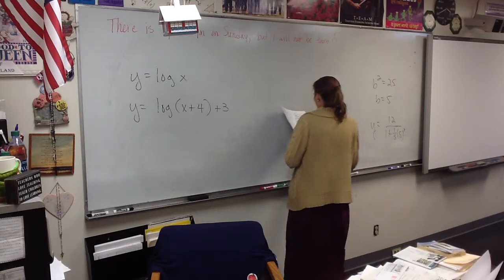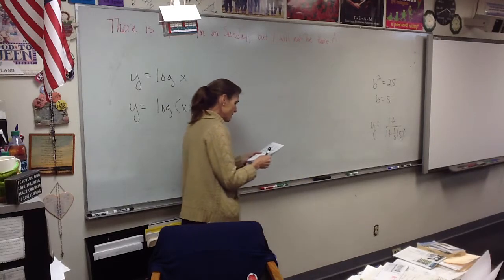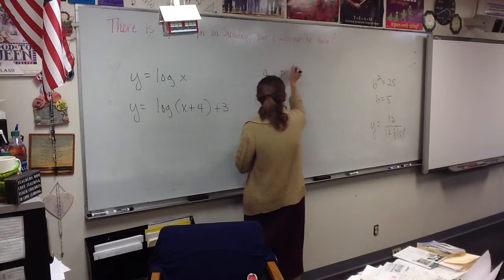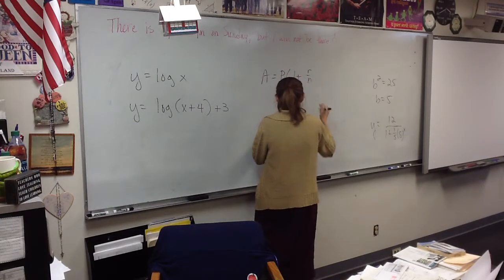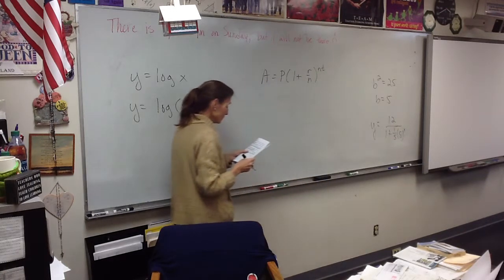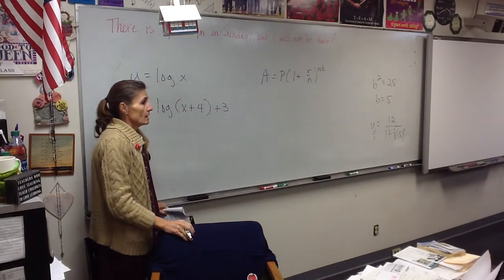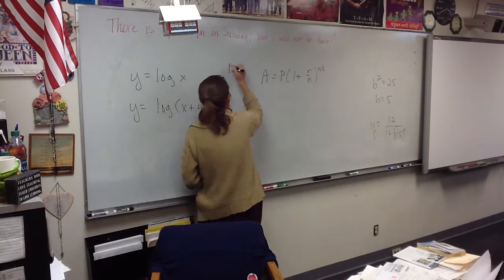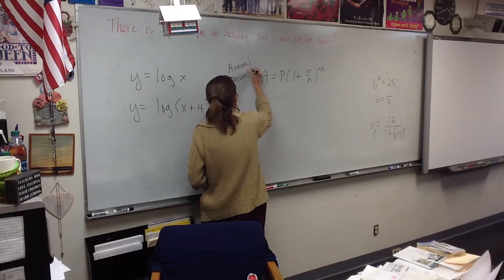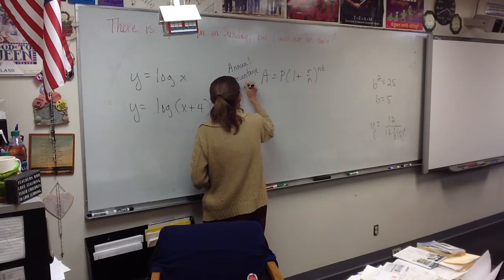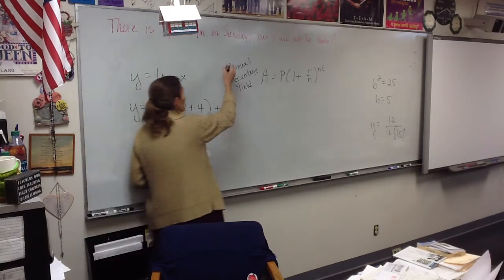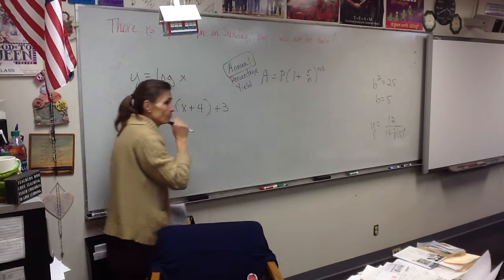We have an investment with an interest rate of 4.25% compounded monthly. And I want the annual percentage yield. Okay, what does the word annual imply?